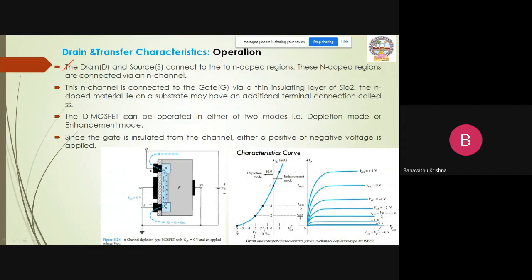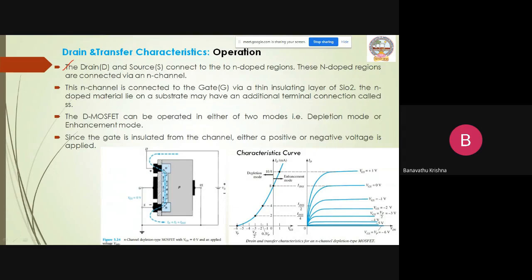By applying a positive voltage at the drain terminal, the majority charge carriers enter the source region through the source terminal, as negatively charged particles. The negative charge particles always look towards the positive potential, and here we are applying a positive potential at the drain. Due to that, the electrons move towards the drain region.